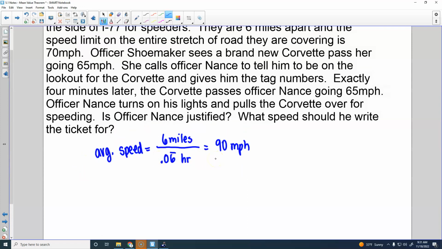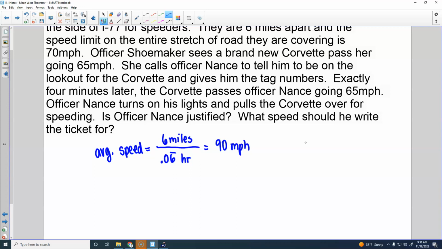So Officer Nance could justify this using the mean value theorem, and he would be perfectly justified to write the ticket for 90 miles per hour. If you want to get into a further proof, he could write it for a little over 90, but we wouldn't know exactly how much over 90, so 90 would be pretty safe.